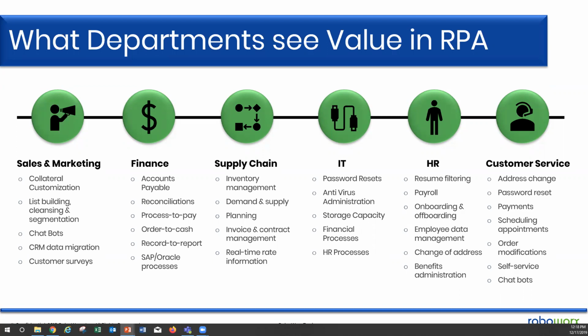So it saves all that time that the HR manager would previously have spent reading through every single resume. So those are some examples of how RPA can be used in different departments within an organization.